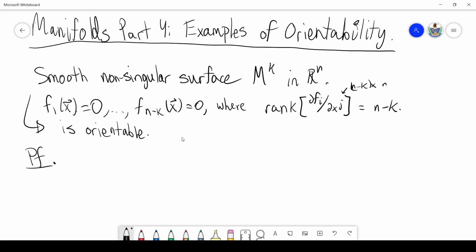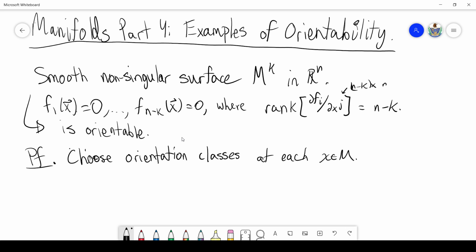So we want to show that we can have a continuous choice of orientation class on M. Now, let's just say we arbitrarily choose orientation classes at each x in M. Or let's just say we assign to each x some frame, tau x.